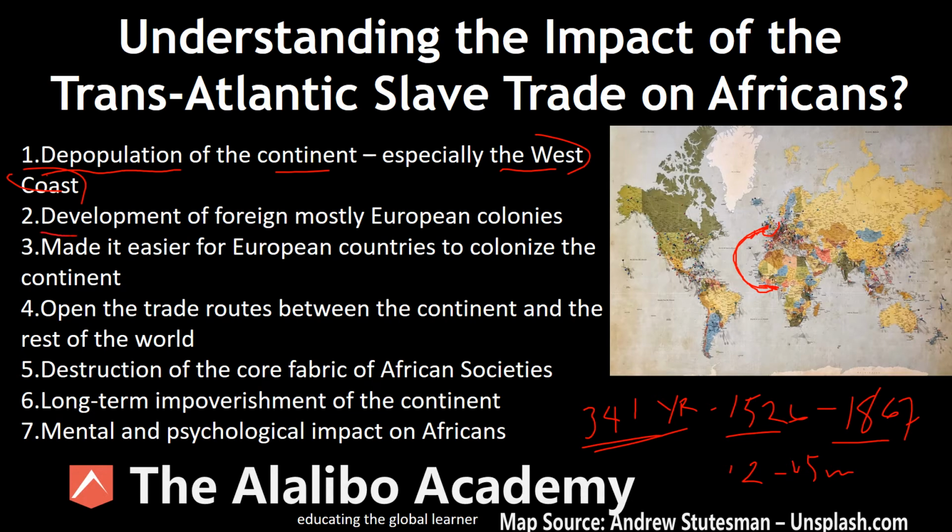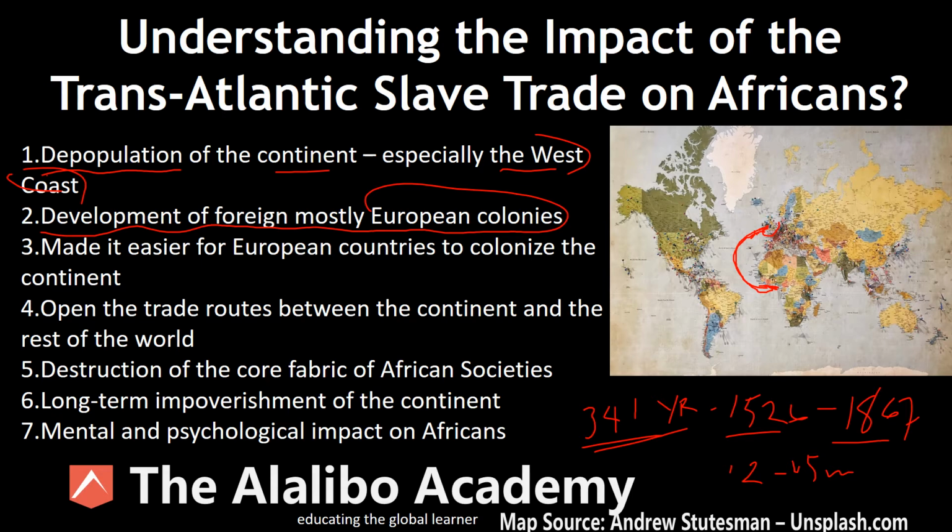Now, the second impact is the development of foreign, mostly European colonies. Right, now what does that mean? That means that they were able to establish their colonies in different parts of the continent, right? Beginning from the western coast of the continent, most of the countries in the western coast were colonized by France and Britain and Portugal, right?